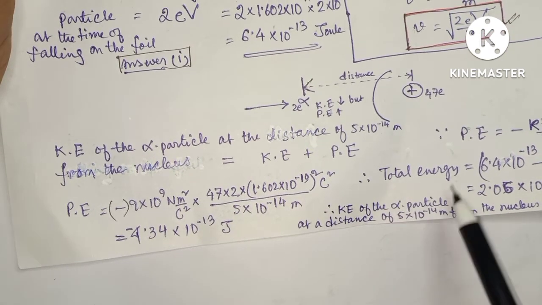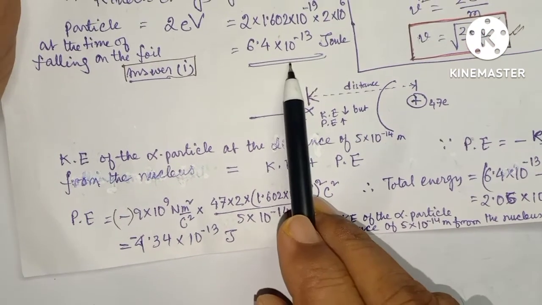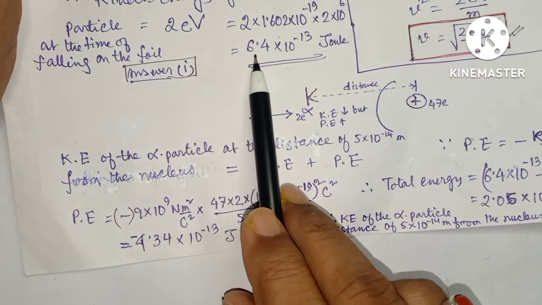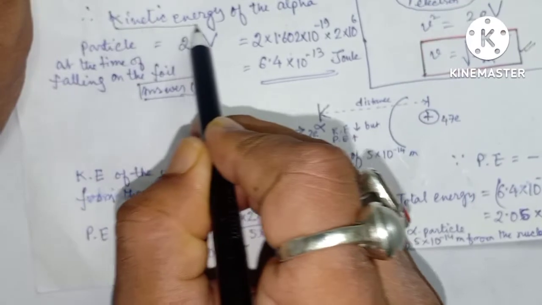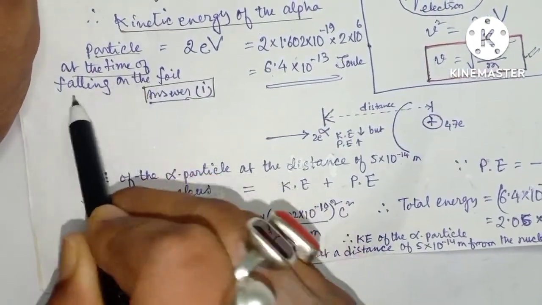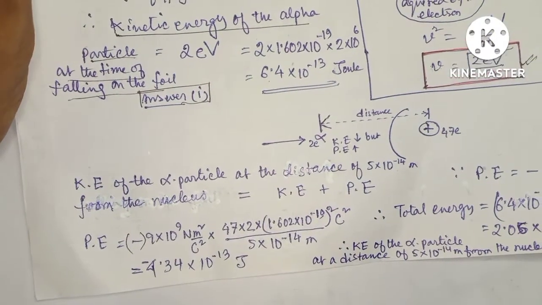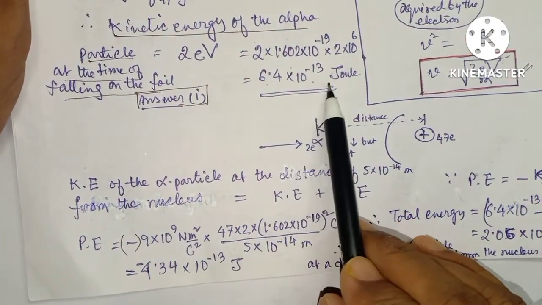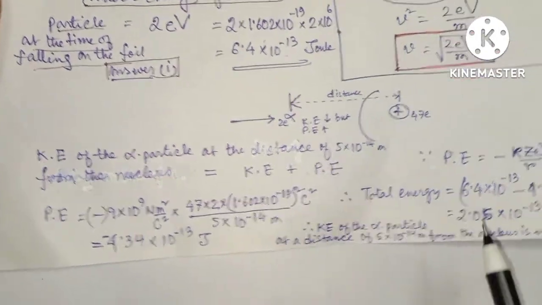Therefore total energy will be, we have already got the value of kinetic energy of the alpha particle at the time of falling on foil, that is 6.4 into 10 to the power minus 13 joule.